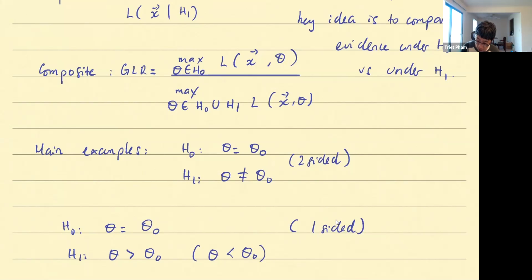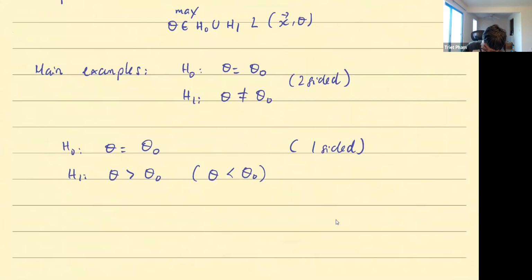If you want to be more concrete, we can look at the following example. Let's say x1 up to xn are iid exponential lambda.